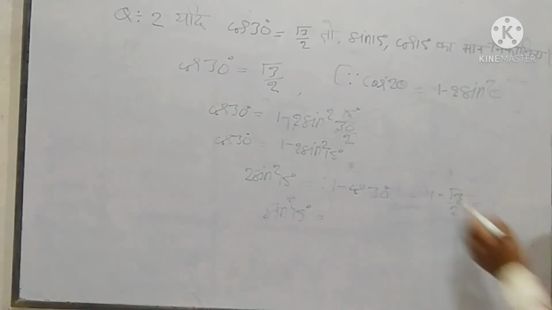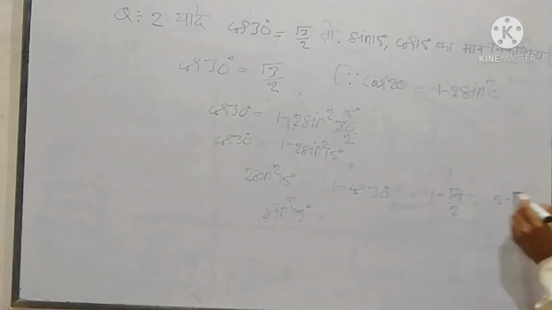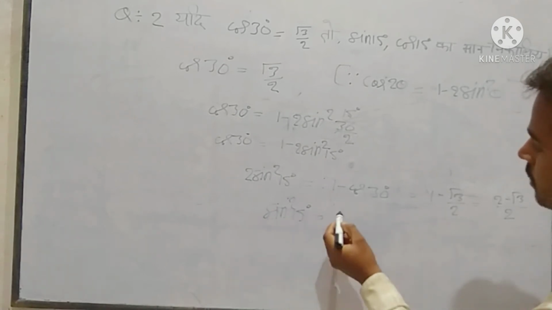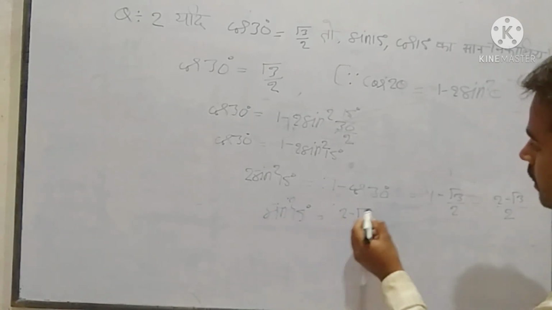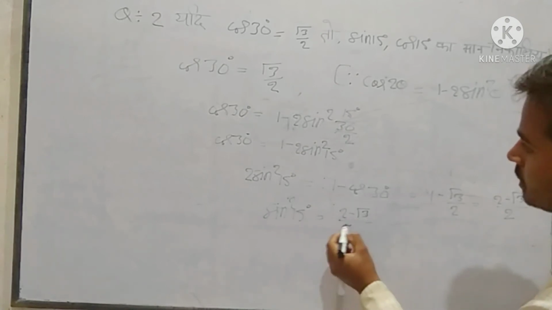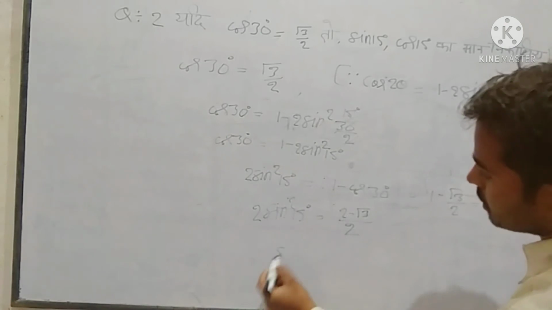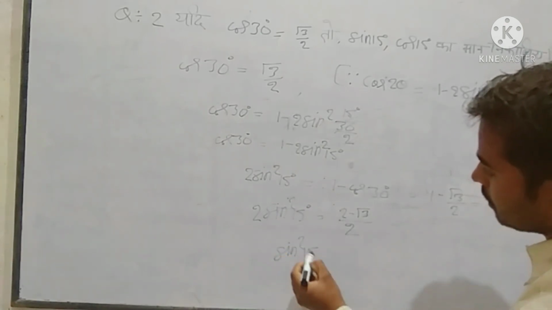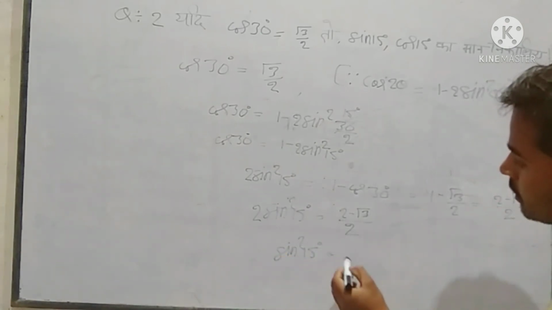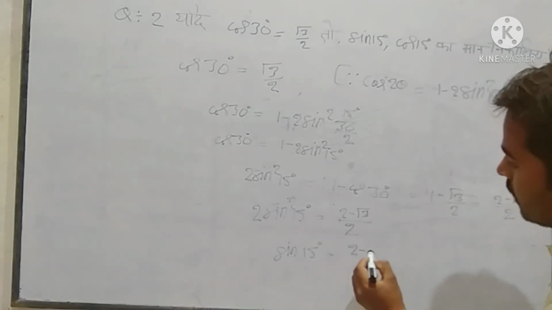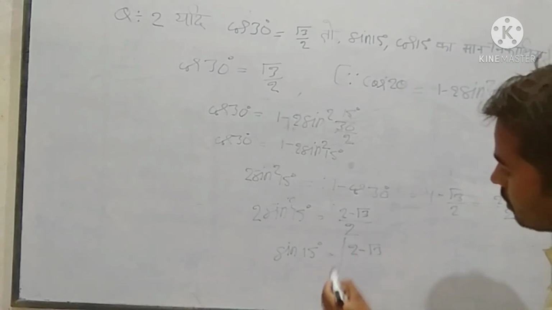We take the LCM, so (2 - square root 3)/2. So sin² 15 degree is equal to (2 - square root 3)/4, so sin 15 degree is equal to square root of (2 - square root 3) divide 2.